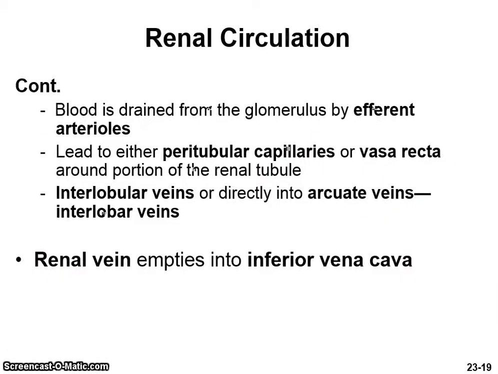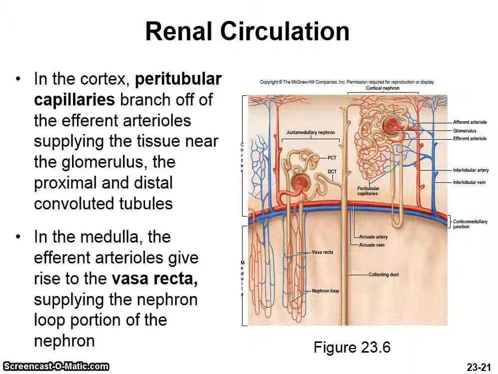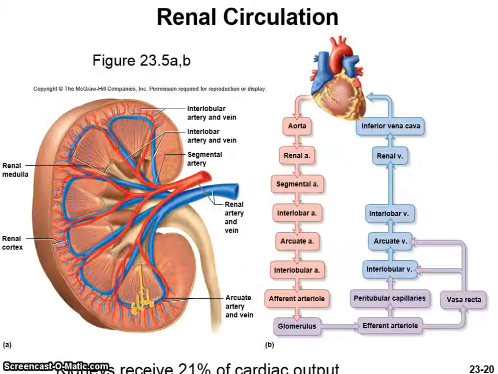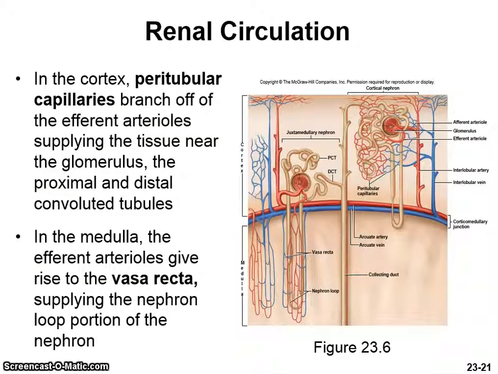Whatever is up here is better illustrated in this. The first part, the peritubular capillaries, is this one right here. The peritubular capillaries are part of the capillaries in the cortex. So you have two structural differences in your nephron placement.